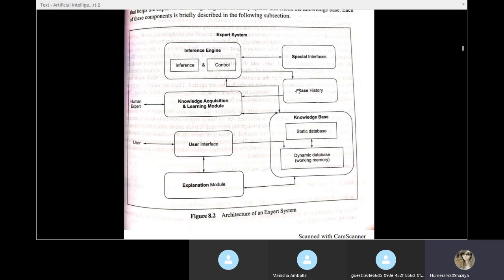If a new patient comes, if a new case arrives, then it is solved, and then likewise you solve so many cases, then they become case histories. So this case history is used by the inference engine and also by the human experts.